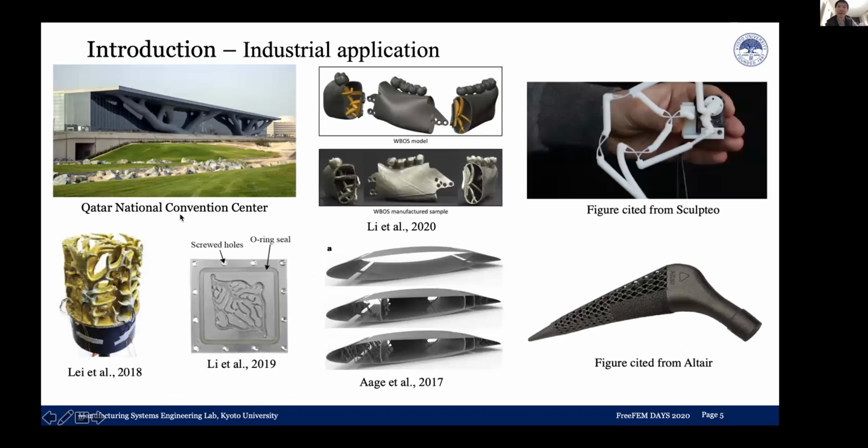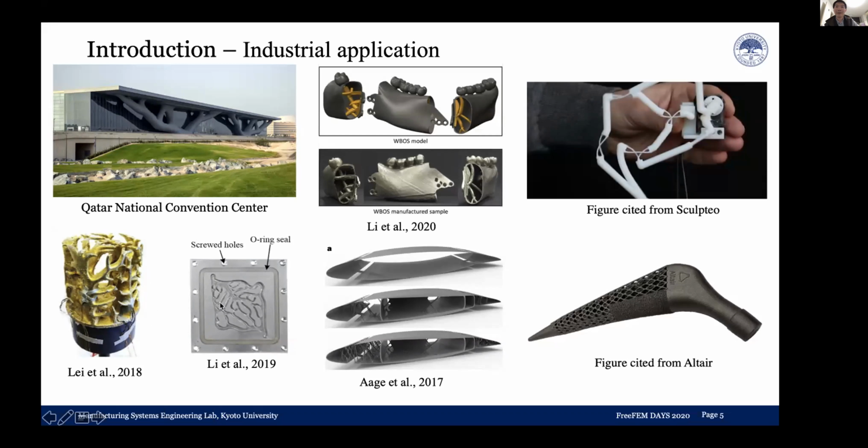Okay. So here we can see several industry applications. First one is architecture design. This is the Qatar National Convention Center. They are using the BESO technique to design the roof supporting structures. And people can also find an efficient cooling channel layout by solving the thermal fluid optimization problem.